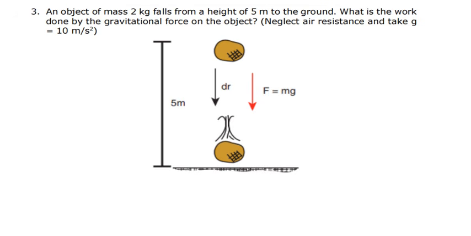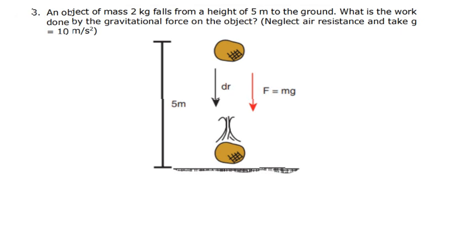Now, question number 3, we are told that an object of mass 2 kg falls from a height of 5 meters to the ground. What is the work done by the gravitational force on the object? So this is work due to gravity. Neglect air resistance and take g to be 10 meters per square second.